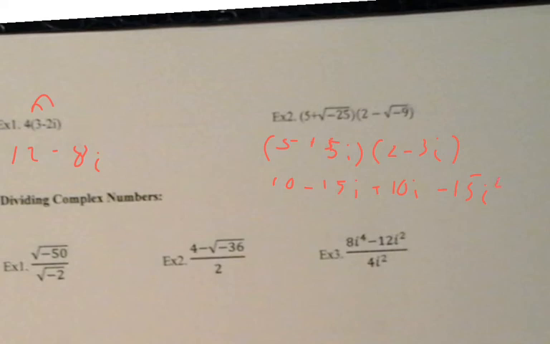We know that i squared is negative 1, so this becomes a plus 15. We'll combine like terms in the middle. We have minus 5i, and we have 10 plus 15, and we end up with, combining like terms, 25 minus 5i.